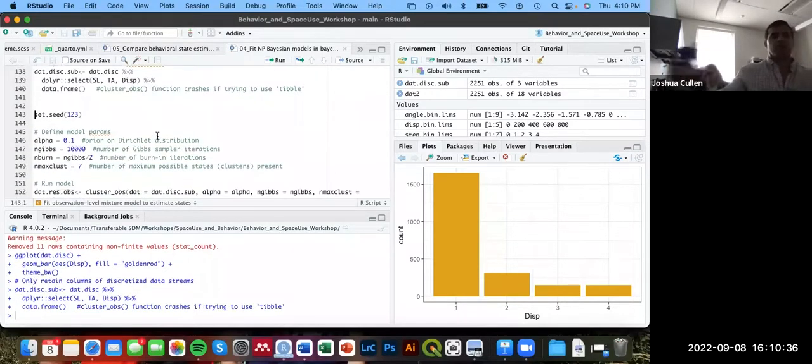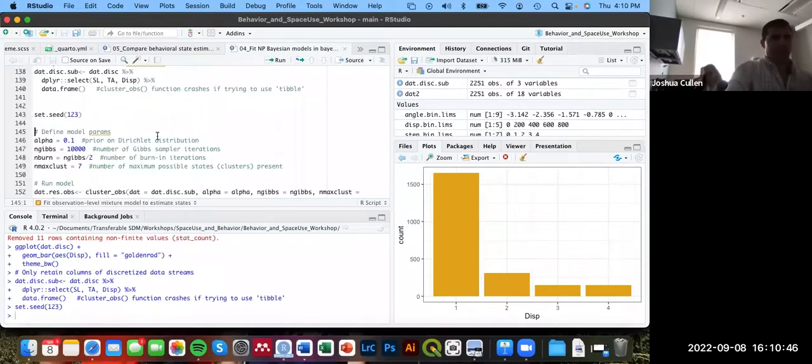So like I did with hidden Markov models, you want to set the random seed value. Again, I'm using 1, 2, 3. And then I'm defining some model parameters up here at the front. I didn't really have a chance to talk about it, but our one main hyperparameter we're defining for the Dirichlet distribution is alpha.